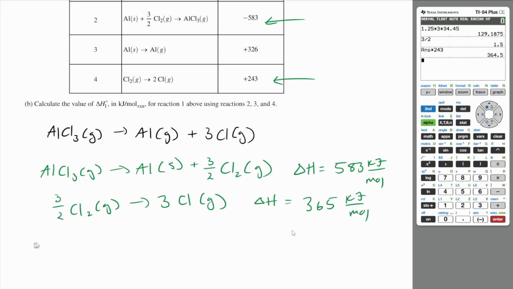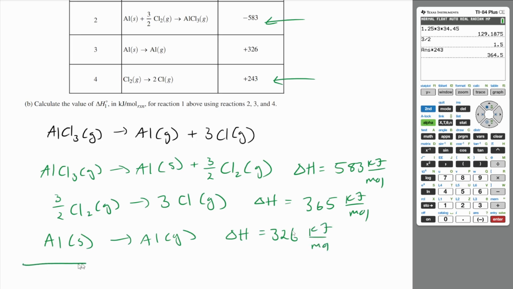All right. Now what we've done is that we've canceled out the chlorine molecules, and we have the 3 chlorine atoms. But our phase is still wrong for the aluminum. We have aluminum solid, but we need aluminum gas. And that's solved by our third reaction. Our third reaction we can use as is. And what that reaction will do is that it'll take that aluminum solid and convert it into aluminum gas. And the delta H of this is going to be 326 kilojoules per mole.